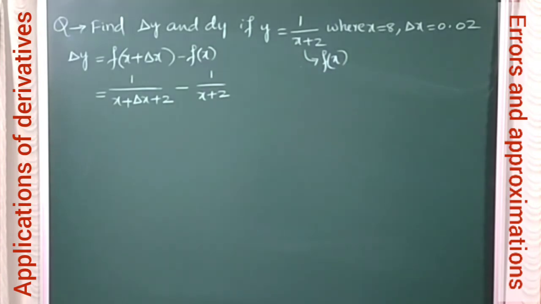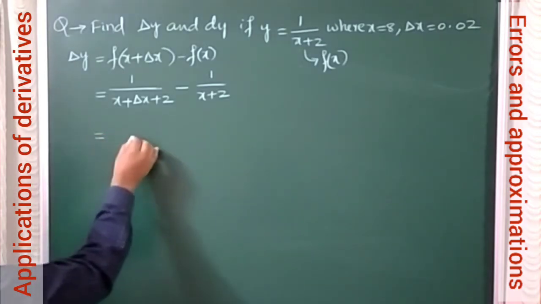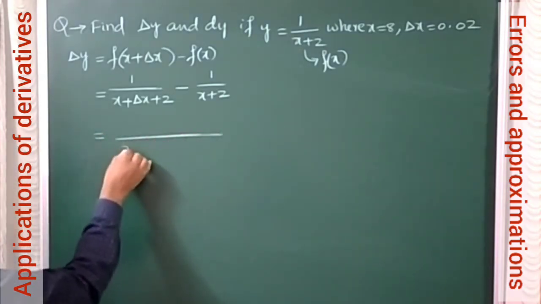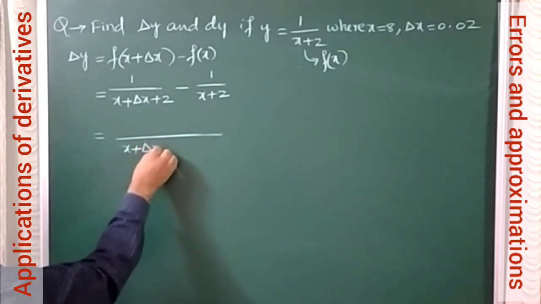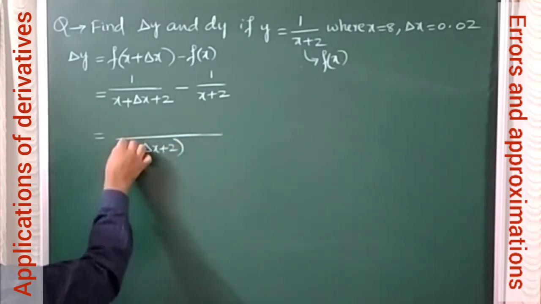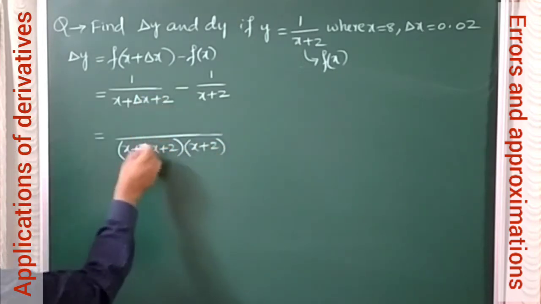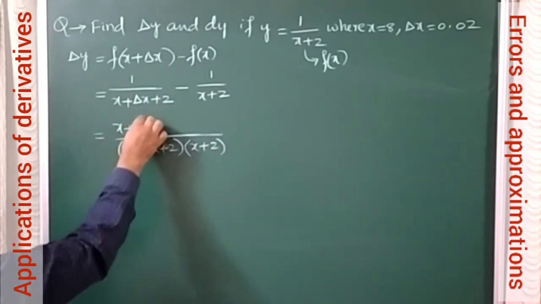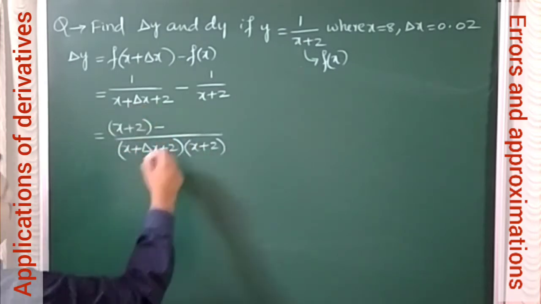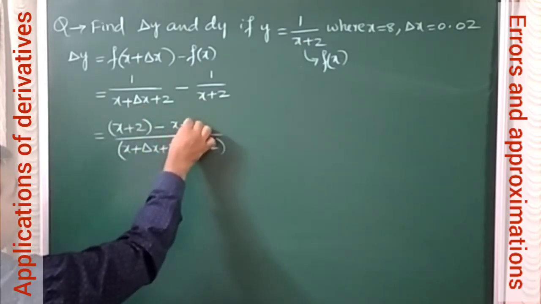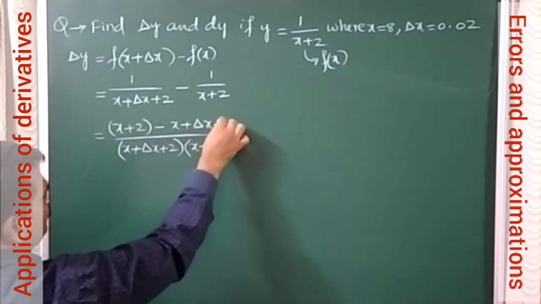So using f of x we have written f of x plus delta x. Now taking LCM and simplifying. So the denominator is (x plus delta x plus 2) into (x plus 2). The numerator is first term (x plus 2) minus (x plus delta x plus 2).